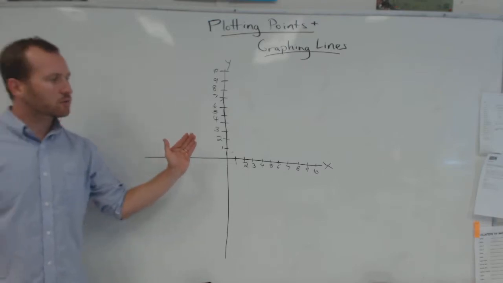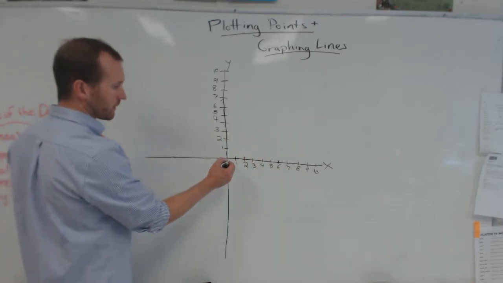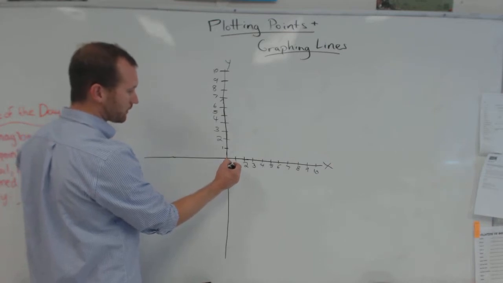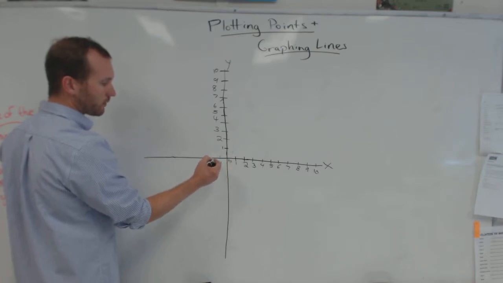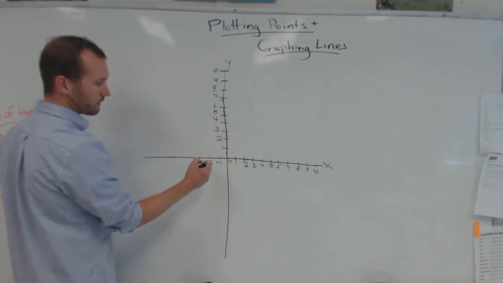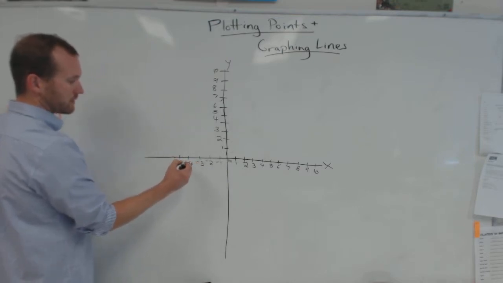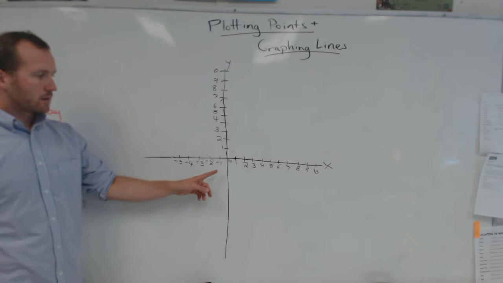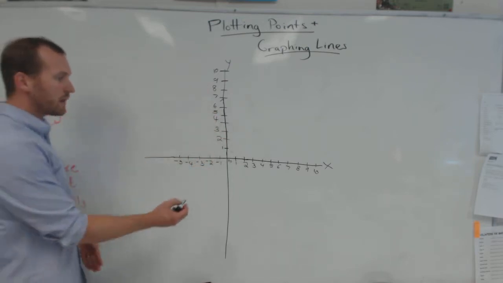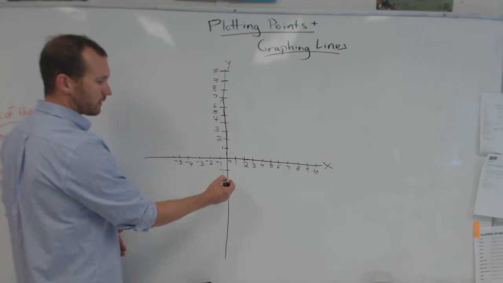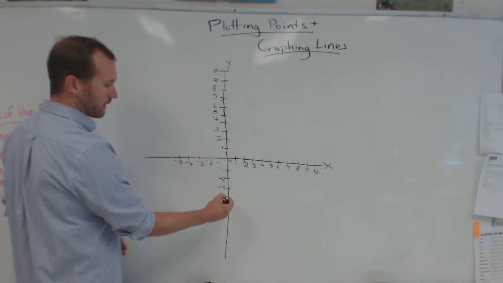Going right is positive, going left is negative. So this point here is 0, it's called (0, 0). So we have -1, -2, -3, -4. I'm just going to go to -5. And then going down the y-axis, I'm going to do the same thing: -1, -2, -3, -4.